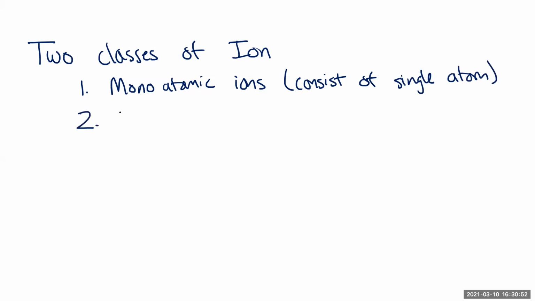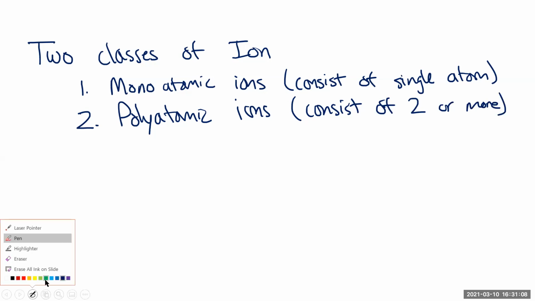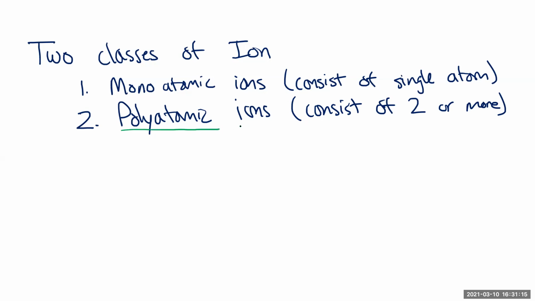And the other class we could say are polyatomic ions. And these, of course, consist of two or more atoms that have come together to form a larger structure that is still an ion. And the polyatomics are something that you will really need to learn to name.